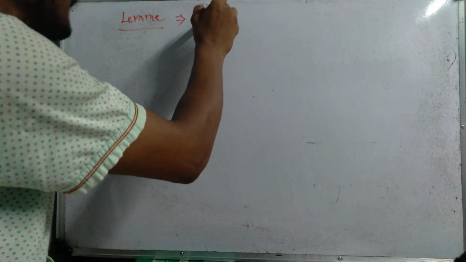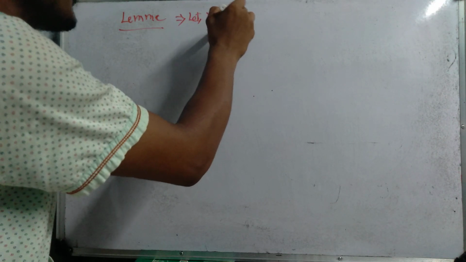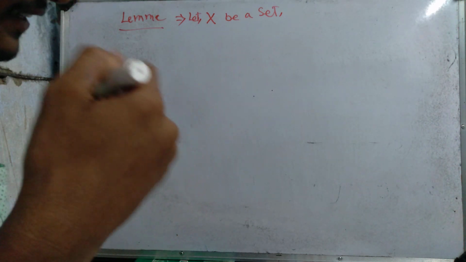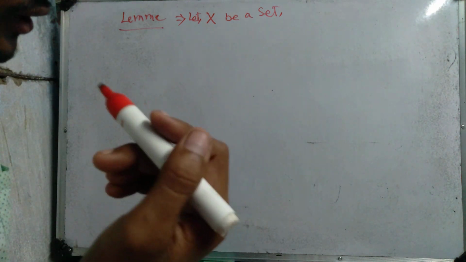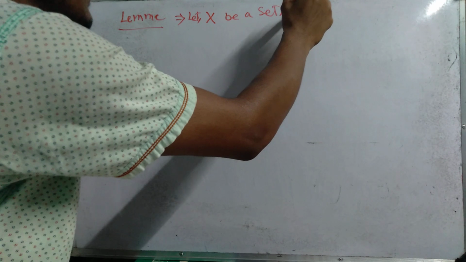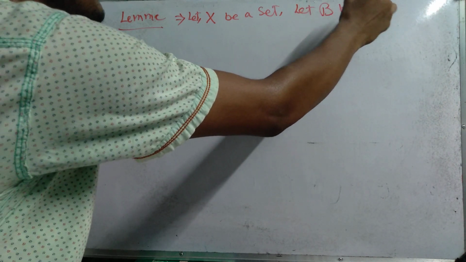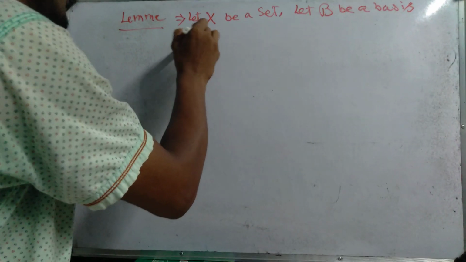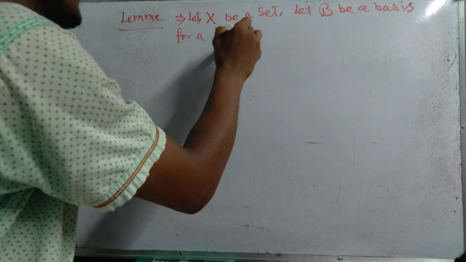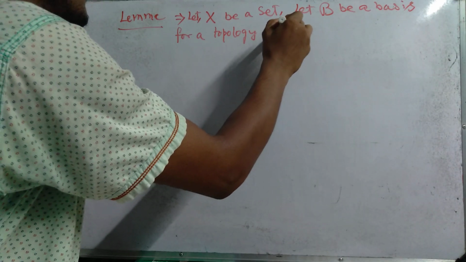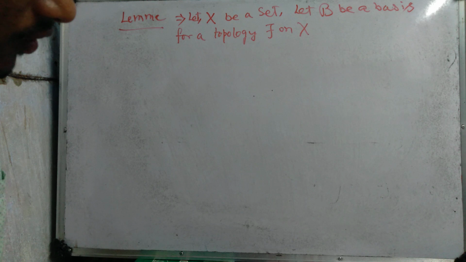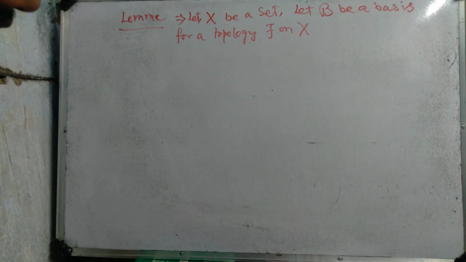Let x be a set, let script B be a basis for topology tau on x. Then tau equals the collection of all unions of elements of script B.